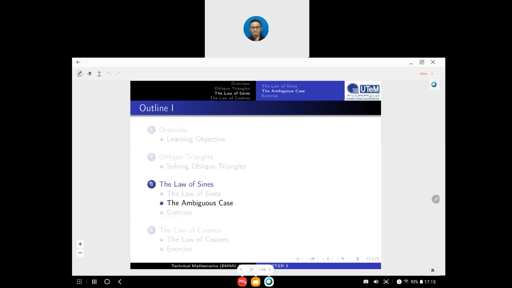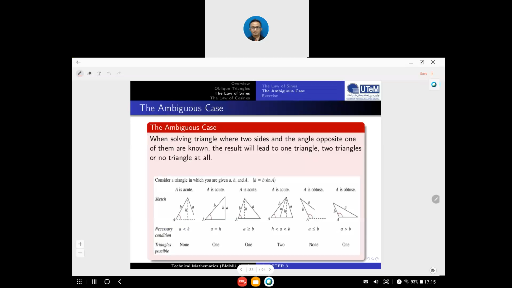Okay, law of sine also has the ambiguous case. What is the ambiguous case? The ambiguous case happens when you are solving a triangle where two sides and the angle opposite one of the sides are known.